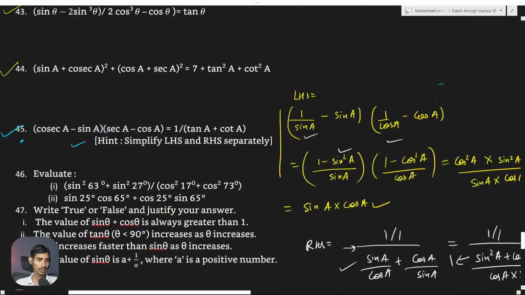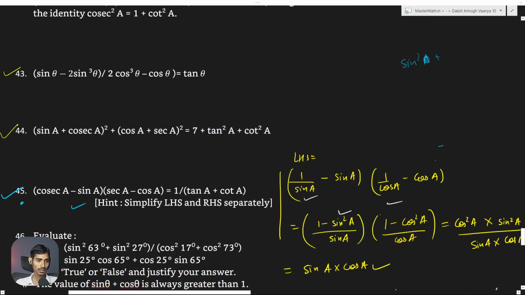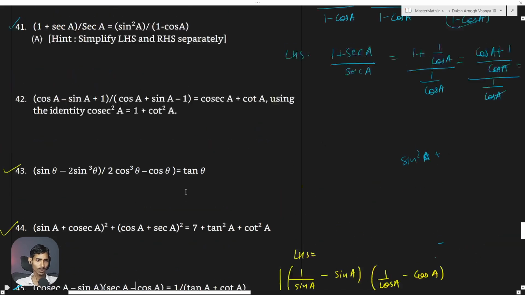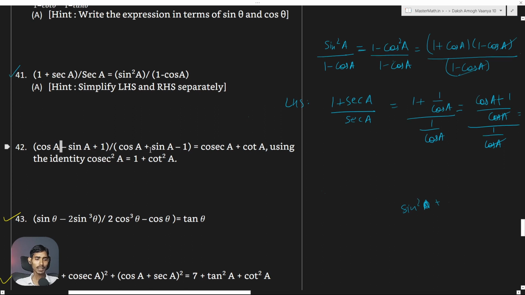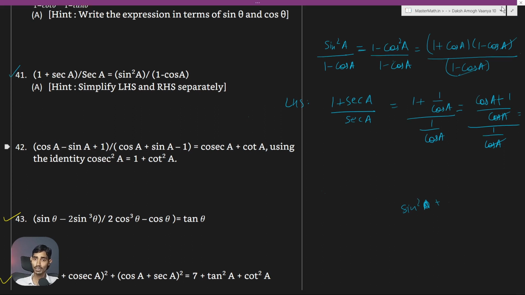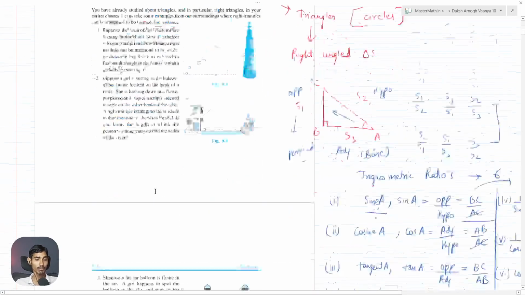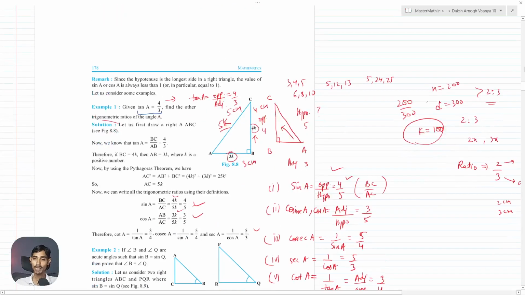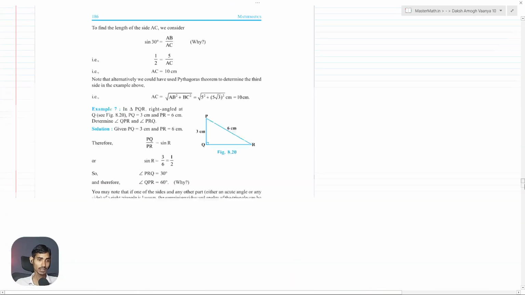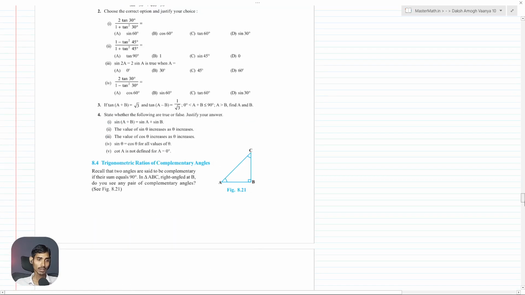So we have another question similar to this, that is this, cosecant theta minus sine theta, and this one. No, not this, sorry. This one. Cos A minus sine A plus this one. Question 42, which is similar to the example solved in your NCERT, as well as the question that we just did. So it is similar to that.